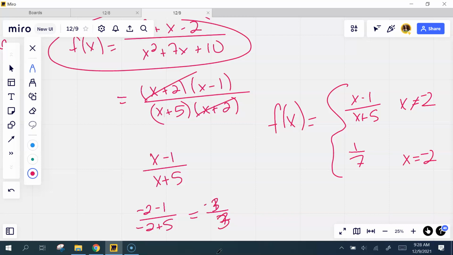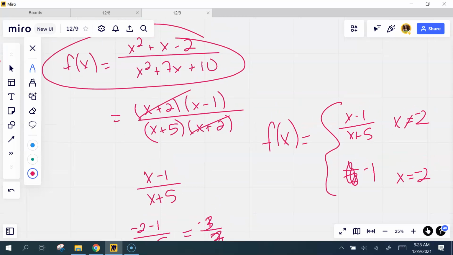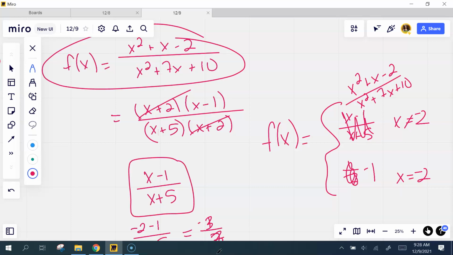You can also do it with the entire first equation for when x is not equal to 2, and then that second equation when x is 2. It's going to end up giving you the same thing. Let that be the equation when x does not equal 2, but then let negative 1 be the value when x is 2. That works too, either way.